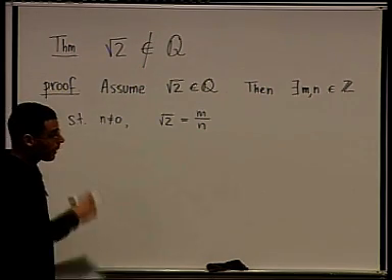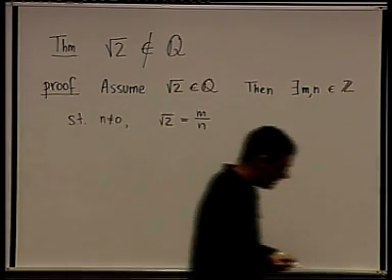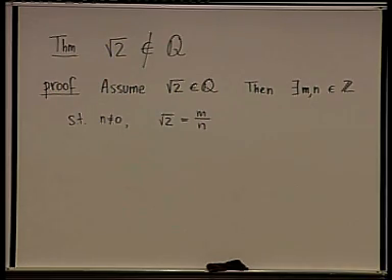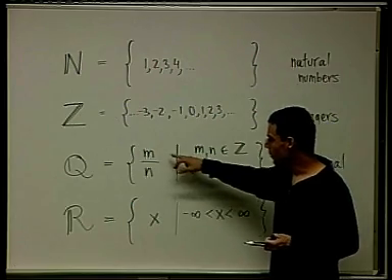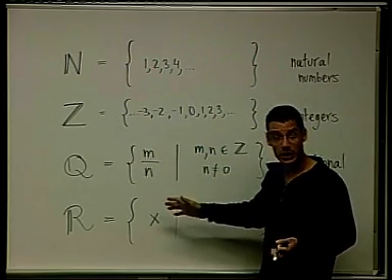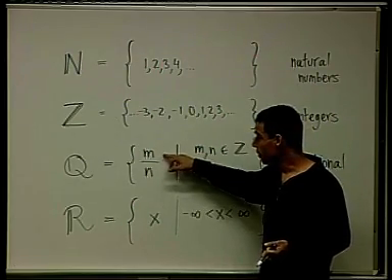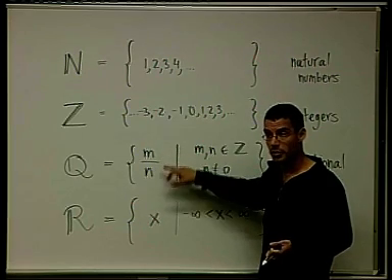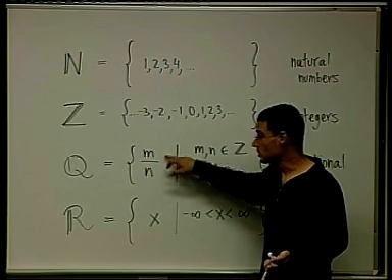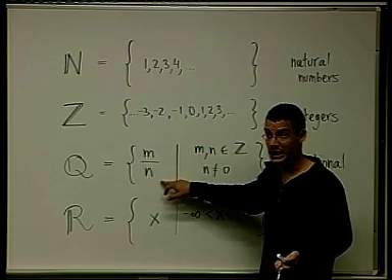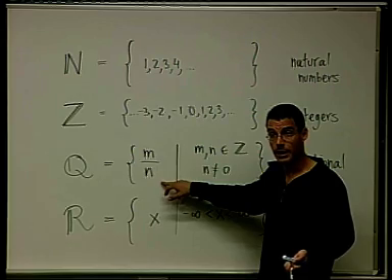Now, let's just for a minute look at this set of rational numbers. Do you agree that writing a rational number is not unique? You can write 3 over 3 or 2 over 2, and that's the same number. Do you agree? Or 6 over 4 and 12 over 8. That's the same number, right?